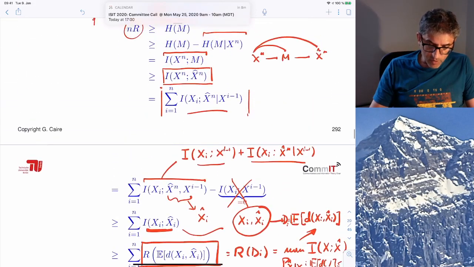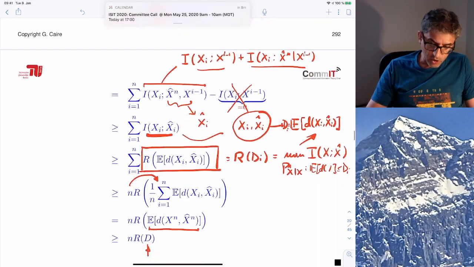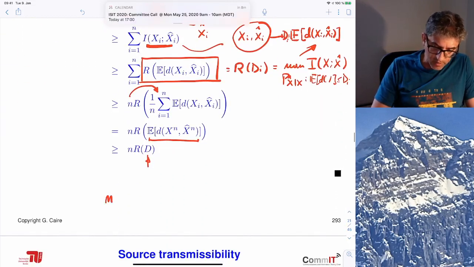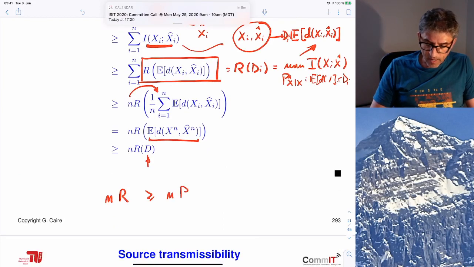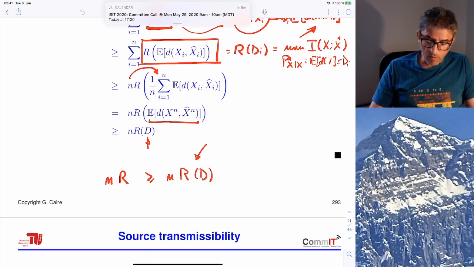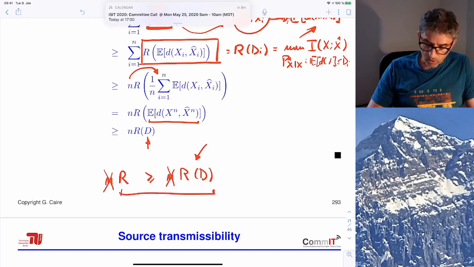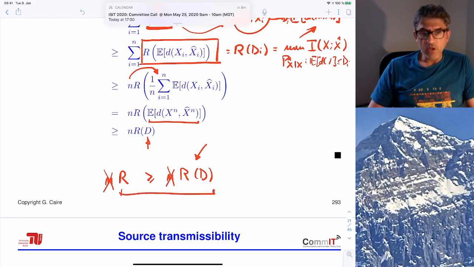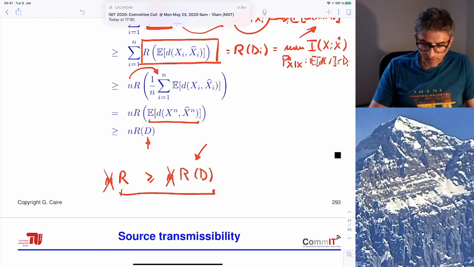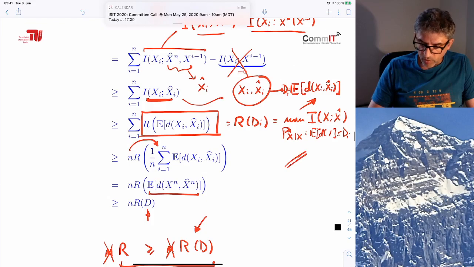So at the end, when we put everything together, we conclude that if such a code exists, then nR must be larger or equal than nR of D, where this is precisely that minimum mutual information that we have seen before. So we simplify, and then we conclude that if such a code does exist, the rate must be greater or equal than that function that we have called the rate distortion function, which is exactly this minimum of the mutual information.